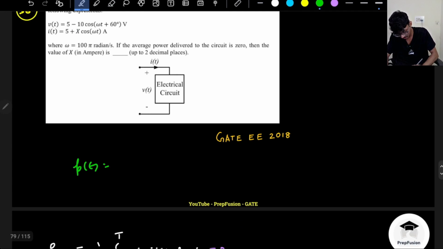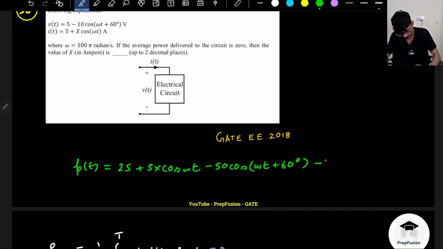What will be my instantaneous power P of t? This will be 25 plus 5x cos of omega t, minus 50 cos of omega t, then minus 10x cos omega t cos of omega t plus 60 degrees.